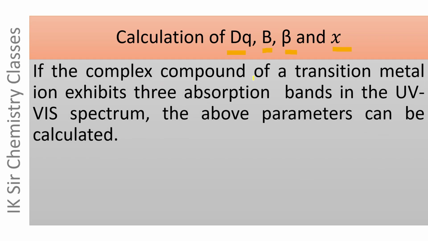If the complex compound of a transition metal ion exhibits three absorption bands in the UV-visible spectrum, the above parameters can be calculated. The parameters Dq, B and x can be calculated if the complex compound exhibits three absorption bands.